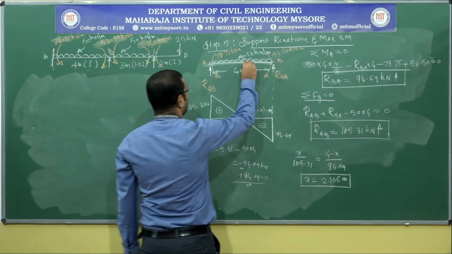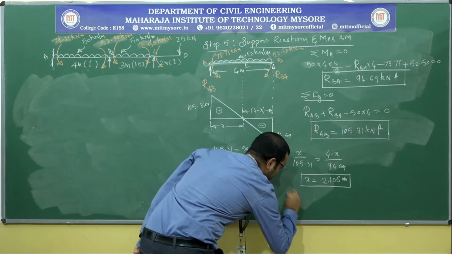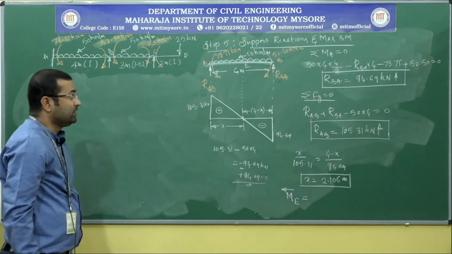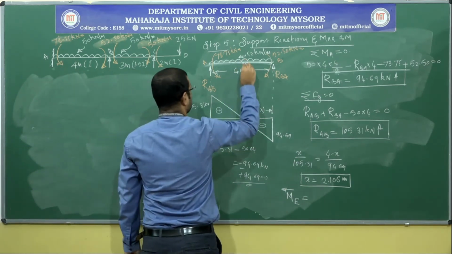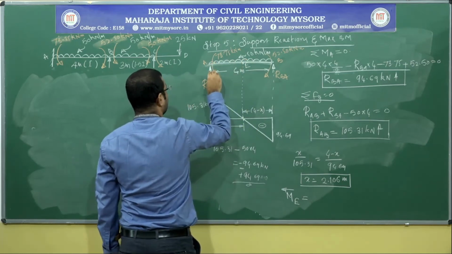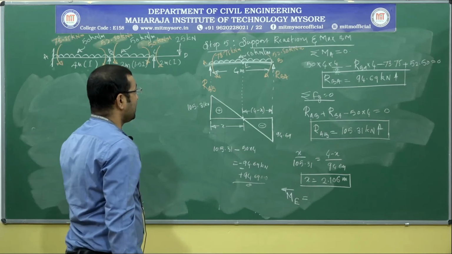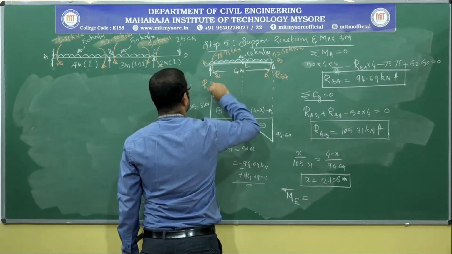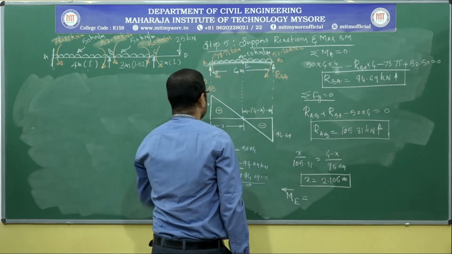If I call this point E, let me calculate the bending moment at E by considering the left portion. If I consider the left portion with respect to point E, on the left side we have three forces which I need to consider in the calculation. RAB with respect to E is creating a clockwise moment, so on the left side clockwise is positive.